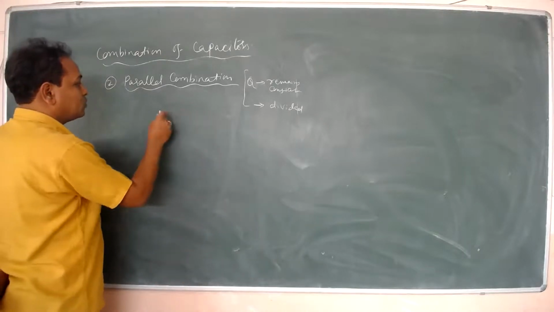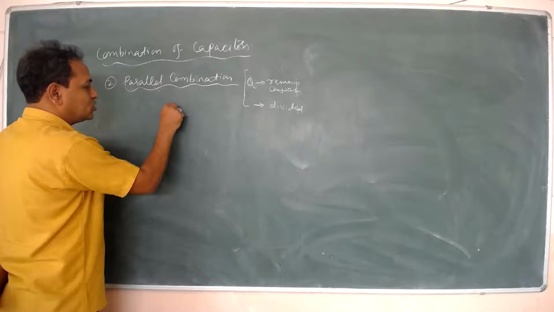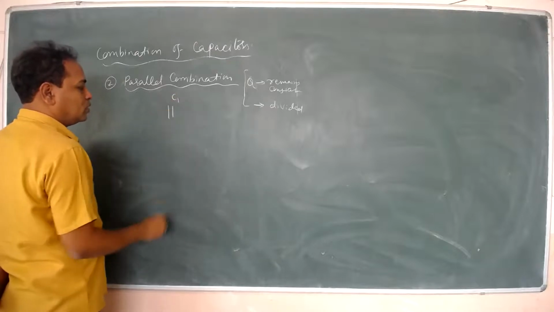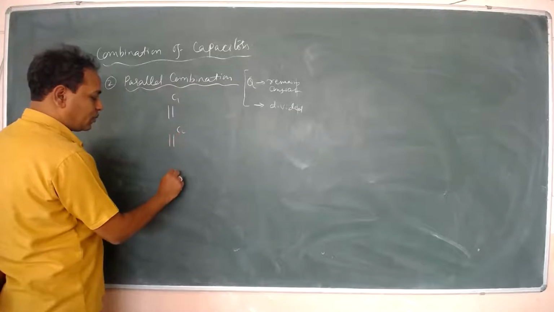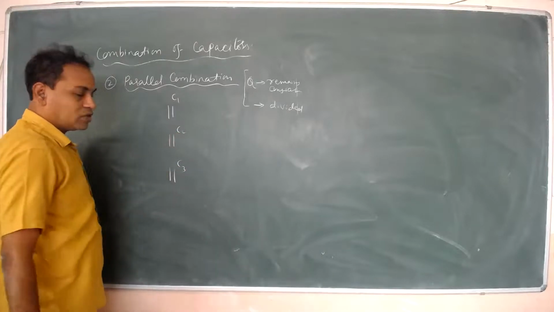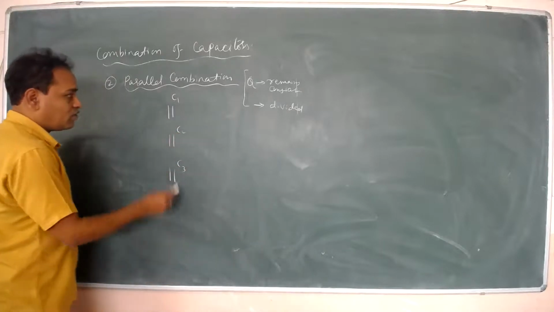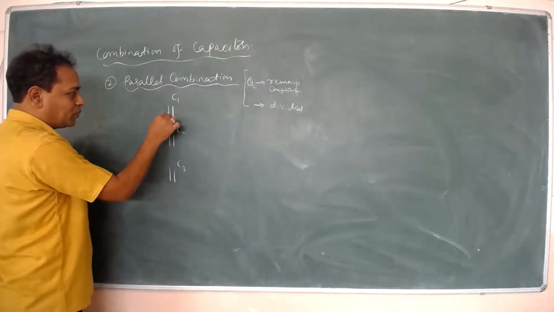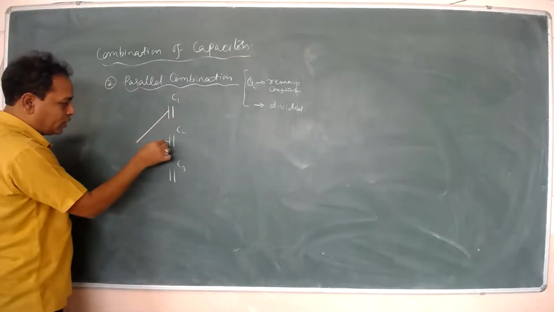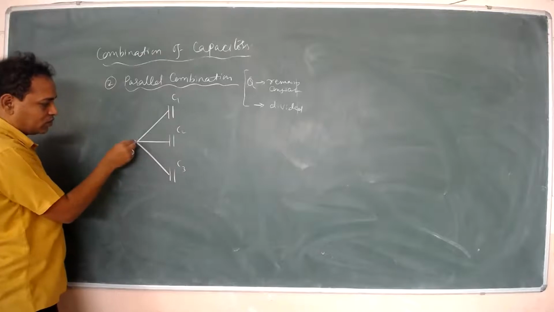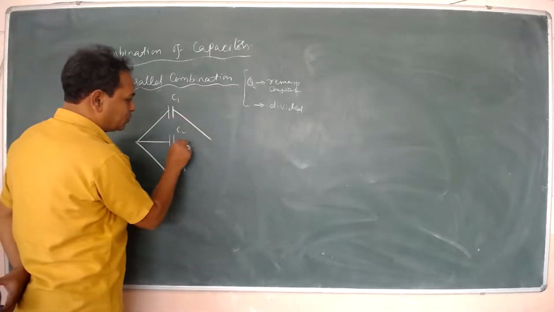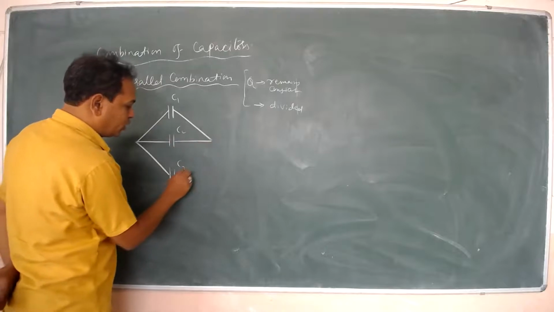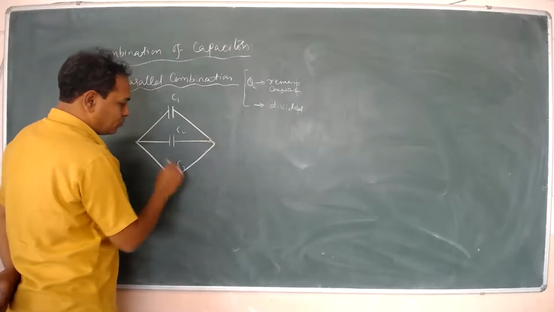Say this is capacitor C1, this is C2, and this is C3, such that the first plates of all three capacitors are connected to one terminal, as shown in the figure. Similarly, the second plates of all three capacitors are connected to one terminal like this.